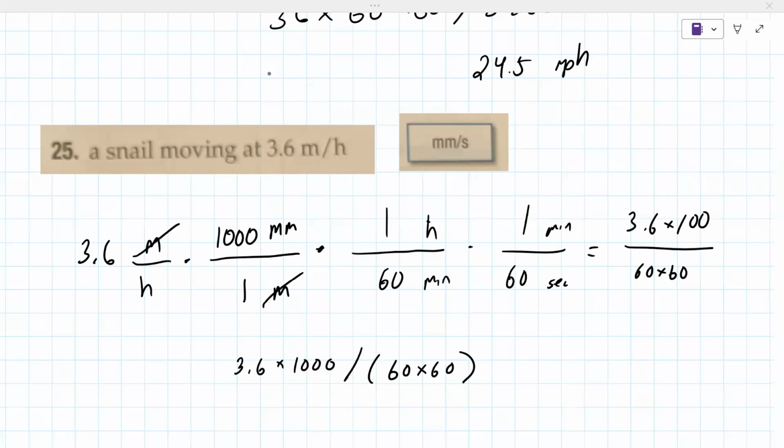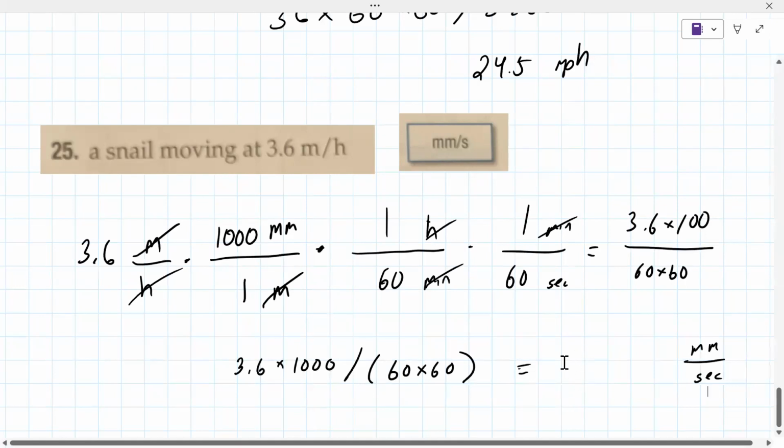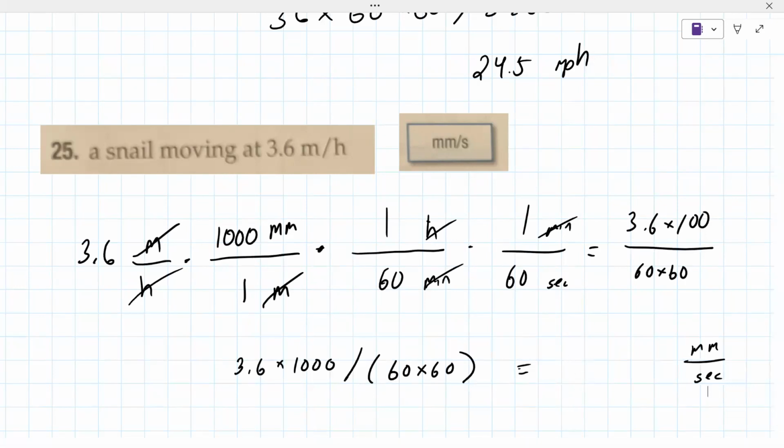You have an answer for me? I'm trying to. It's because the parentheses weren't working for me, but I figured it out. Just give me a second here.